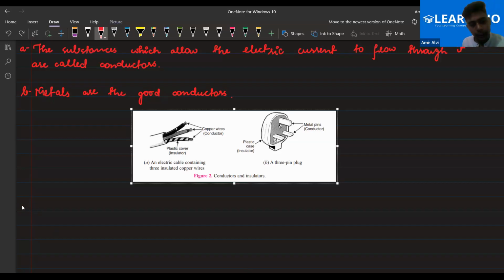Next one is the insulator. An insulator is used to protect the metal from heat, weather, or water. That is the insulator's work in the wire.